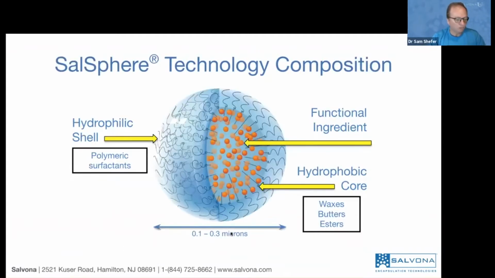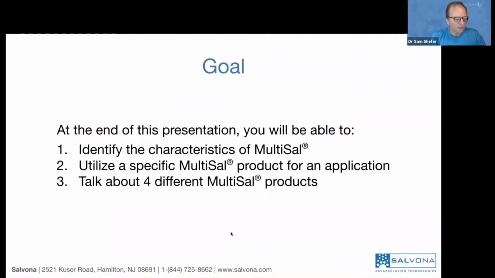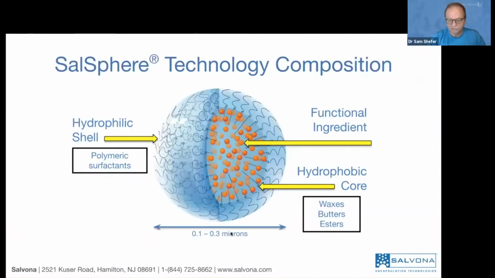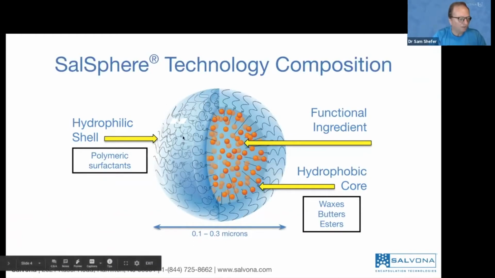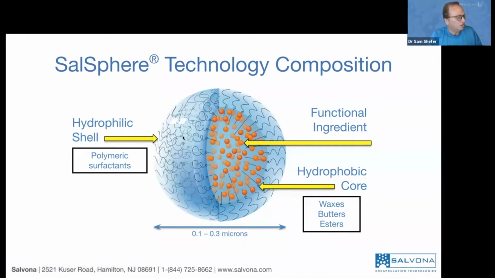In order to understand MultiSal well, we have to take one step backwards to understand Sal sphere. So briefly, you remember the Sal sphere. Sal sphere is a structure with a solid core. This is practically a nanosphere, but we never mention the word nano, because in the cosmetic business, nano is connected to something negative. So we have a solid structure, and we have a special shell.